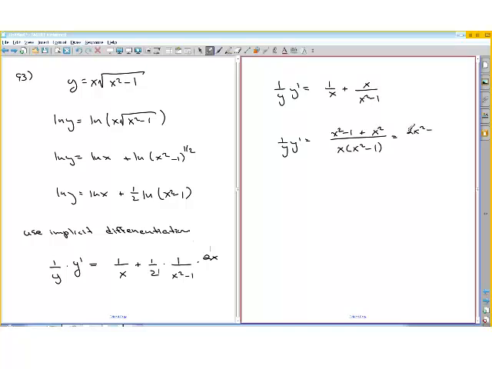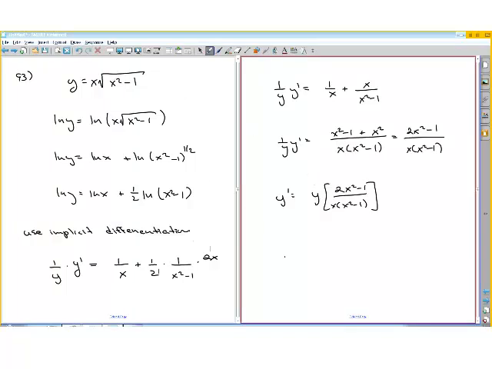And so we end up with 2x squared minus 1 over x times x squared minus 1. Okay, now multiply both sides by y, so we get y prime is equal to y times 2x squared minus 1 over x times x squared minus 1.